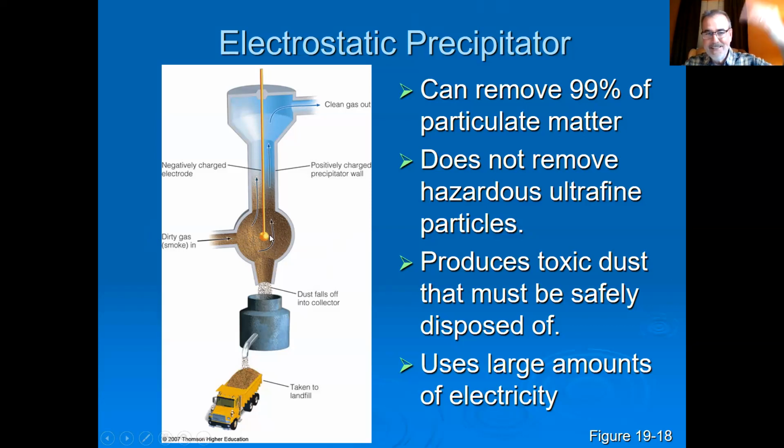We can then collect that, and we've pulled it out of the air so that it's not going out into the atmosphere. All right, and so you can imagine when we have both the electrostatic precipitator and the wet scrubber working, you can really reduce the amount of pollutants going out into the air. All right, so that's that. Those are the answers for these review questions.